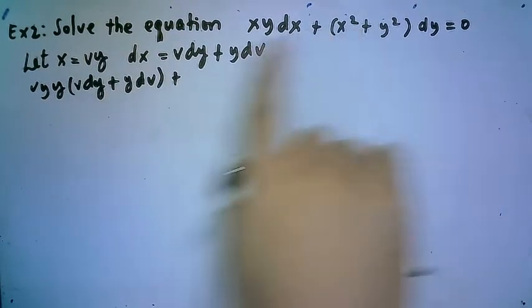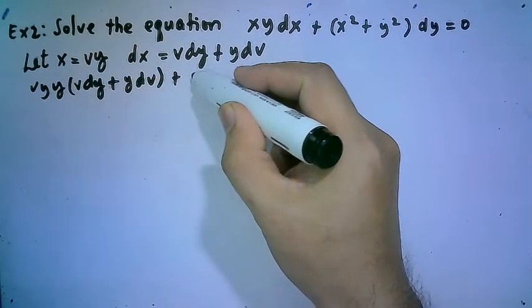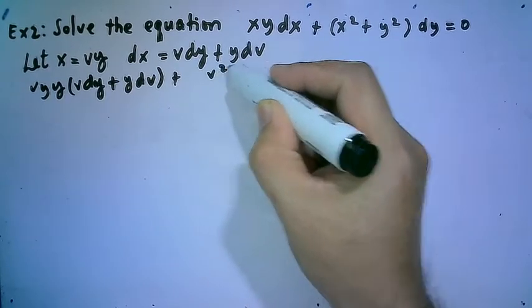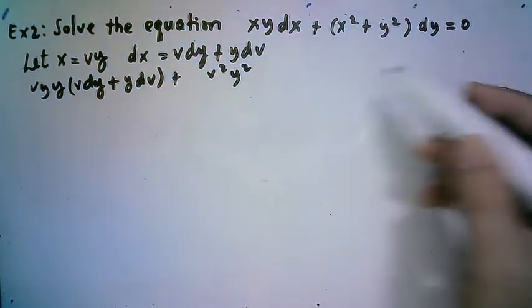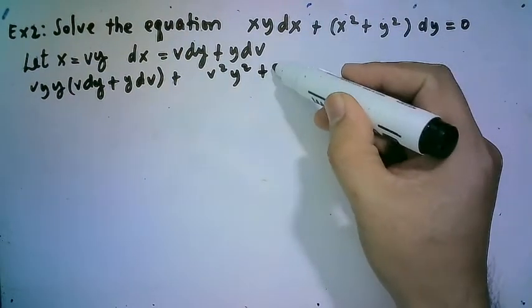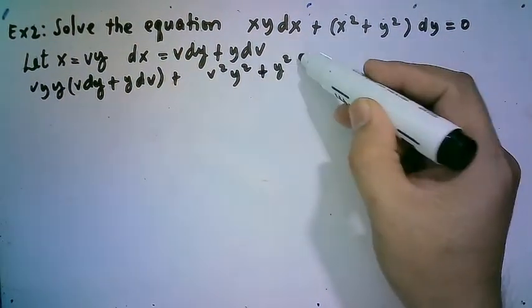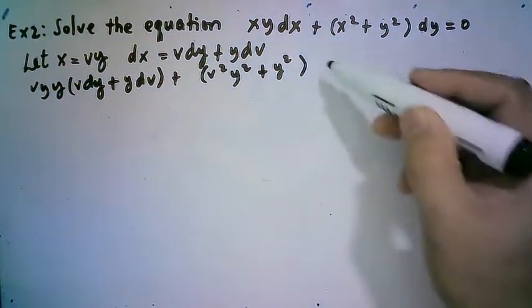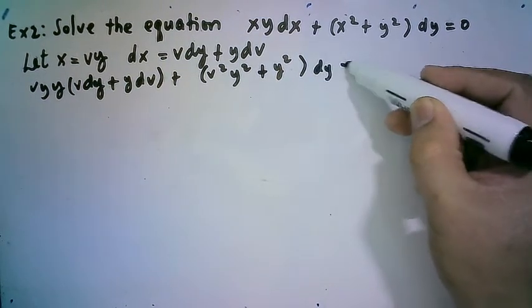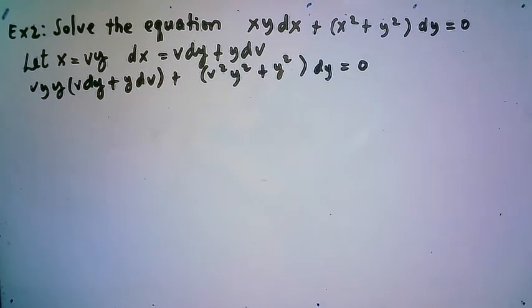So this is raised to 2, so v squared y squared, plus y squared, and then we have dy, that is equivalent to 0.